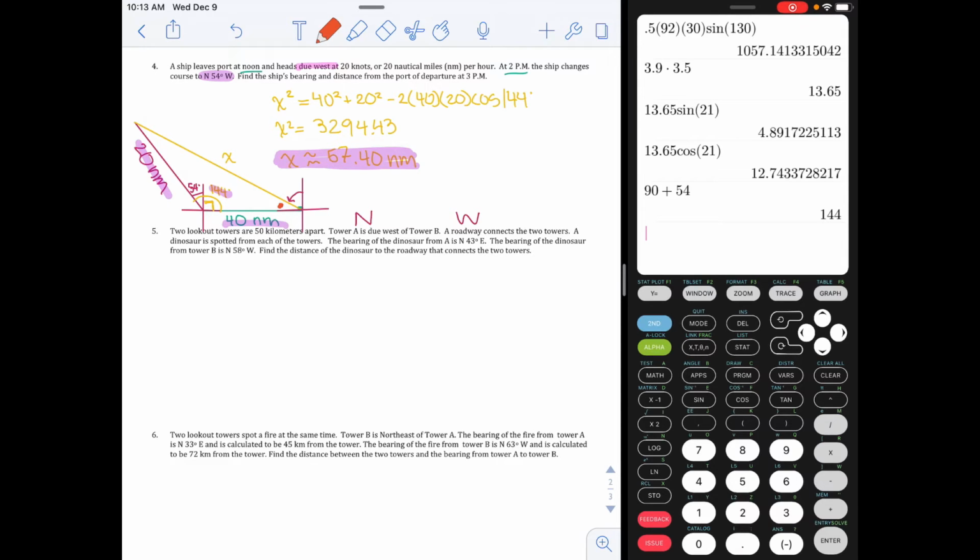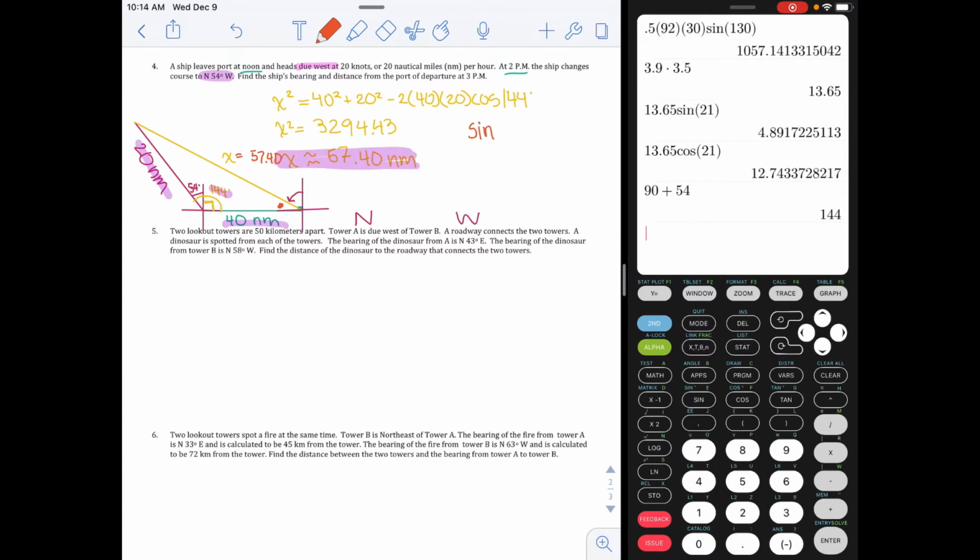So let's then figure out what is that orange theta. So what should I use in this one? Well, I know an angle and I know its represented side, which we got 57.40. I think law of sine might be a little bit easier. So let's set it up as a law of sine.